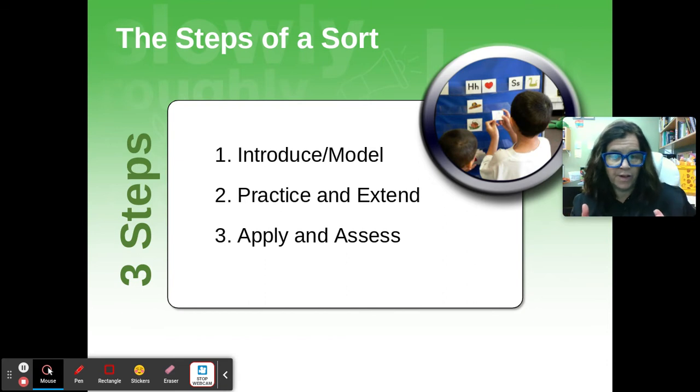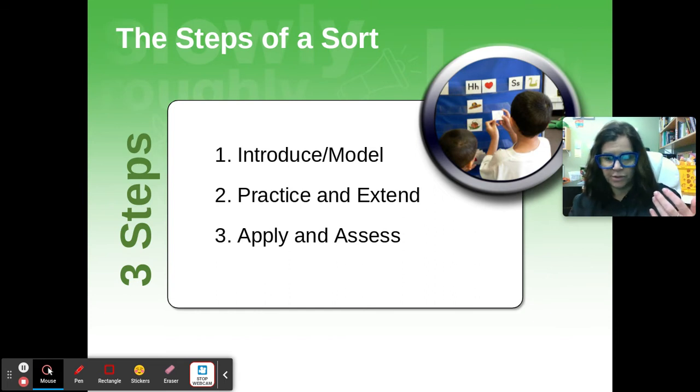And I think either is fine, or you can do a combination. And then once you introduce the sort, the kids need to practice those sorts over and over and over again, with some extension activities as well. And then you would assess them, but not in the way that we assessed when we were kids.